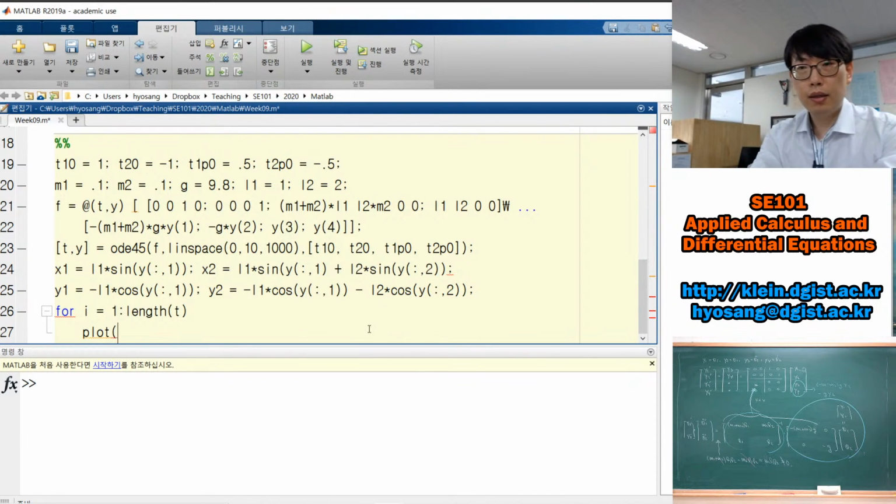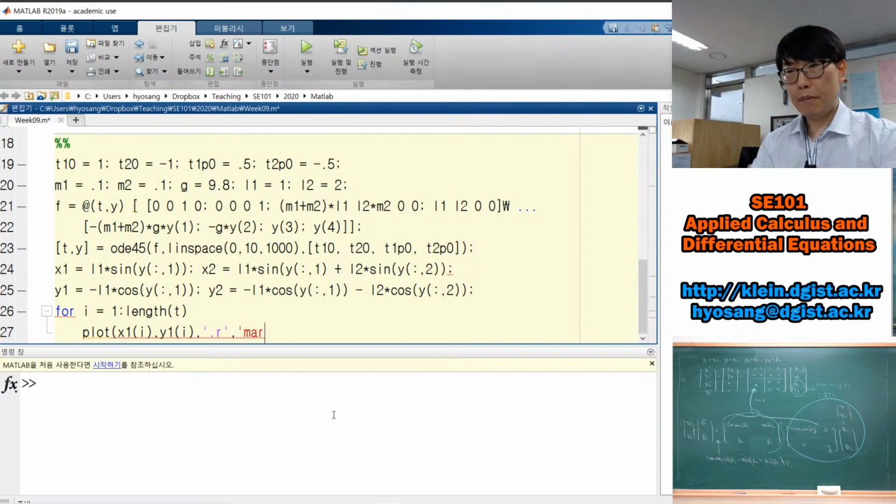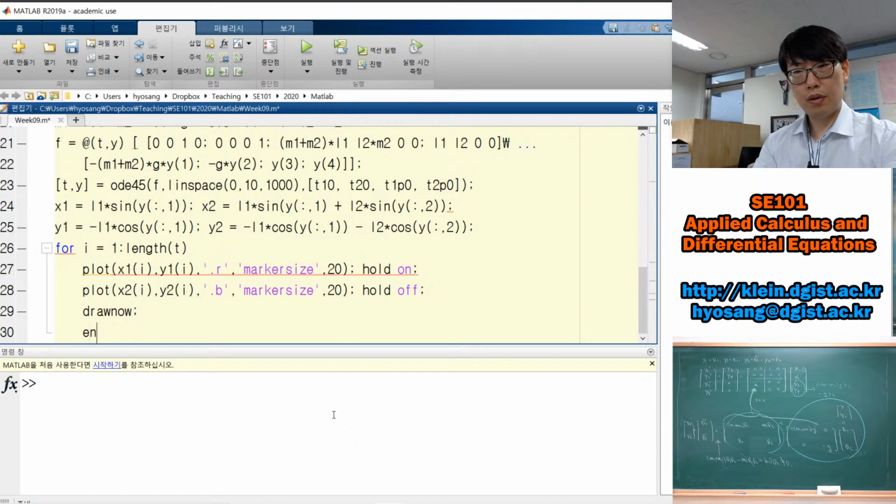So plot first x1i and y1i as a red dot with marker size 20, and hold on, and plot x2i, y2i as a blue dot with marker size 20, and hold off and draw now.